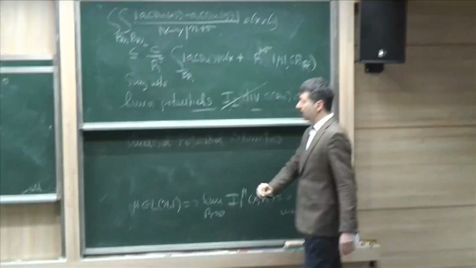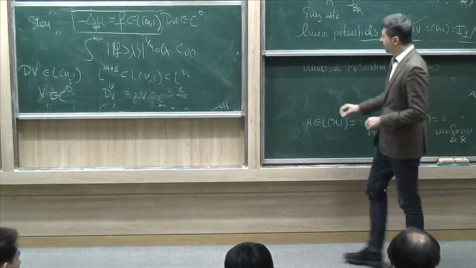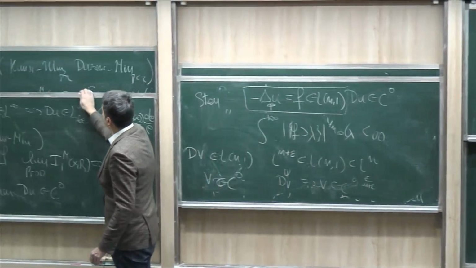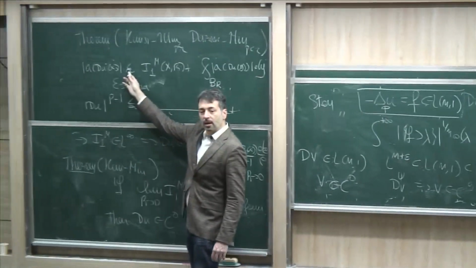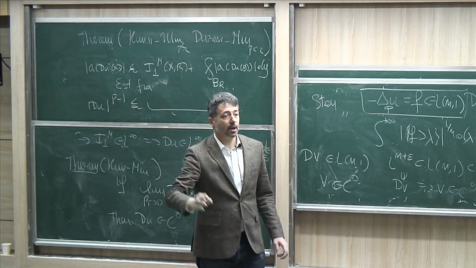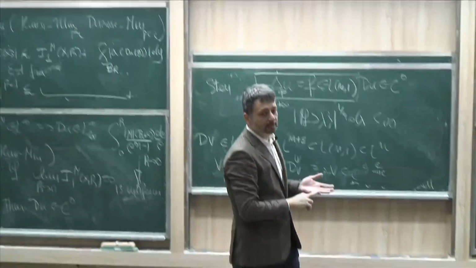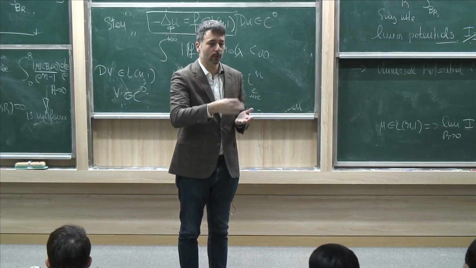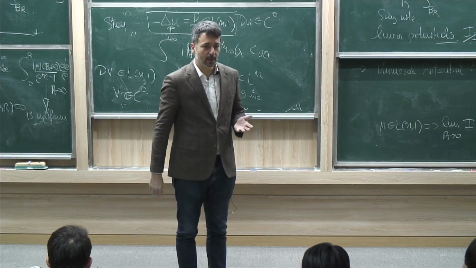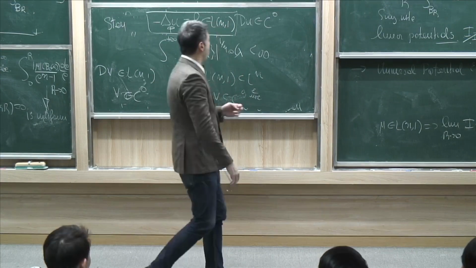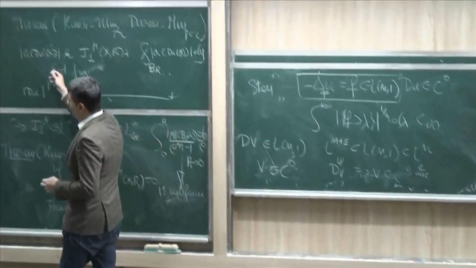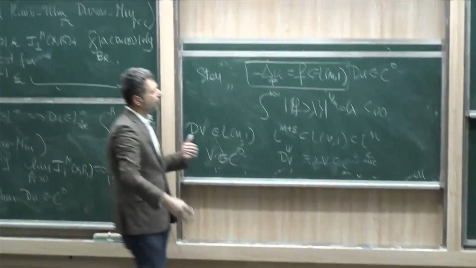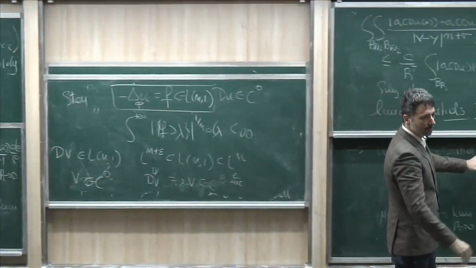In this paper, we introduce a new approach that allows you to estimate the gradient with Riesz potentials. We estimate the fractional derivatives of the gradient, so higher order estimates, with other Riesz potentials, with different Wolff potentials and Riesz potentials. And in particular, we shall see that the estimates for u and Du are two particular cases of a larger family of estimates, which is called universal potential estimates.